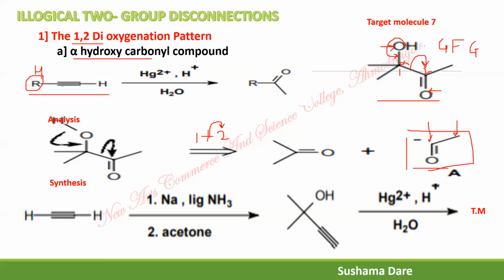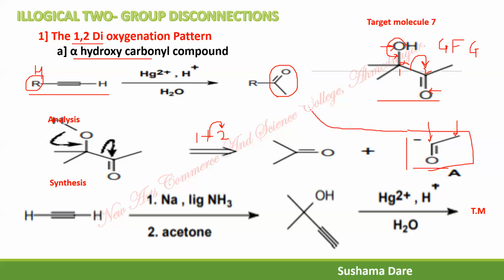The triple bond undergoes hydrolysis in the presence of mercury salt. Due to the protonation of this triple bond, it is converted into the CH3CO part.